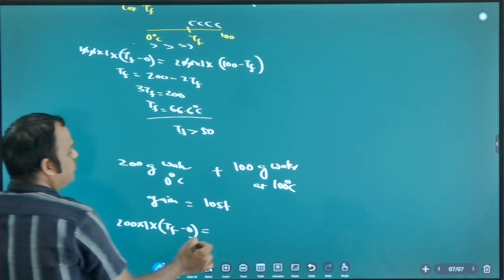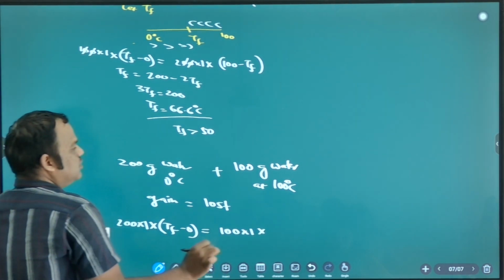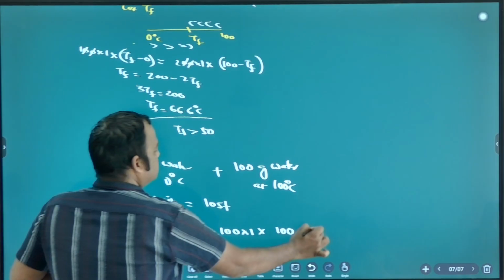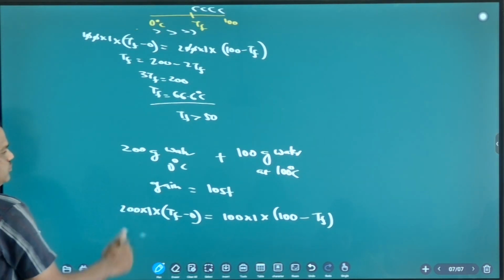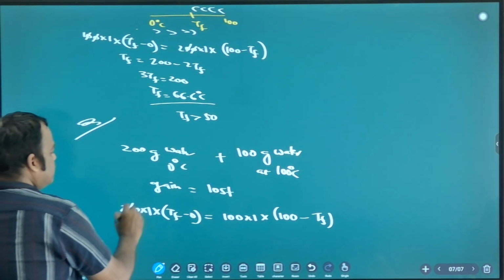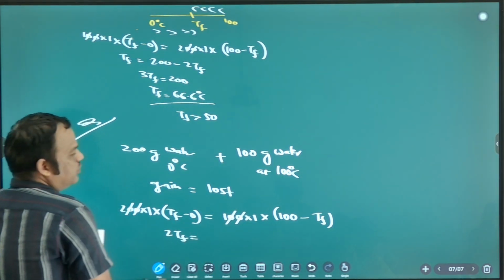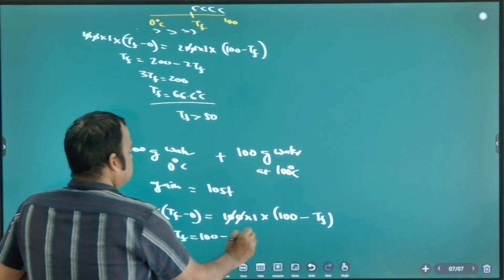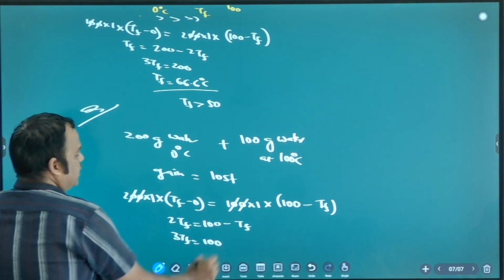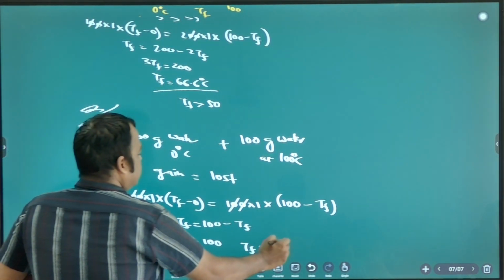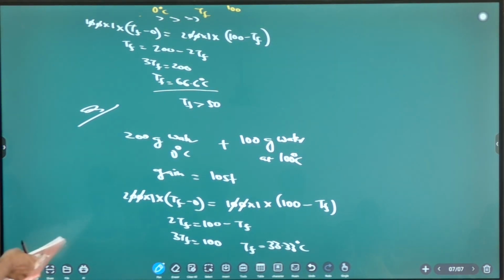Heat lost will be m s delta T, 100 into 1 into 100 minus Tf. Solve this. So 2Tf is equal to 100 minus Tf. 3Tf is equal to 100. So Tf is equal to 33.33. Okay, 33, so final temperature is 33 degrees Celsius.